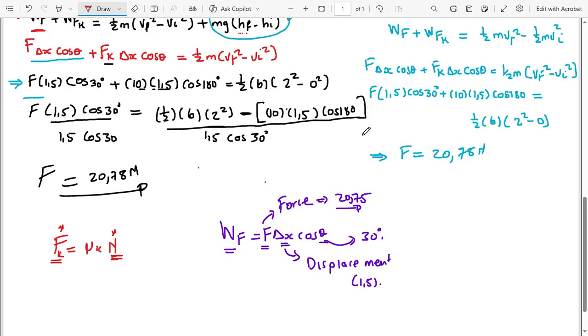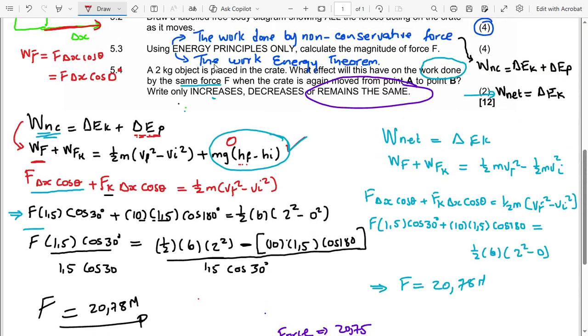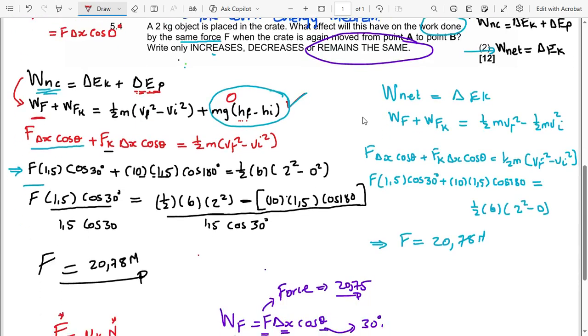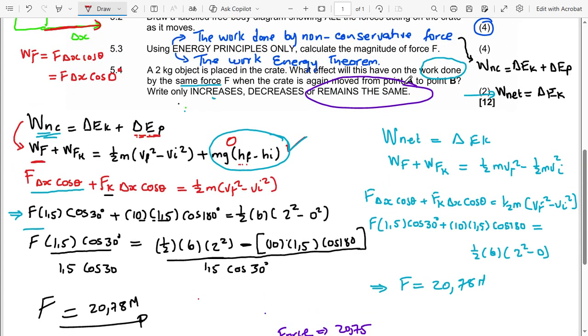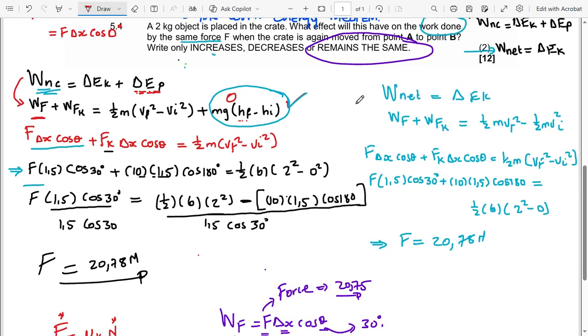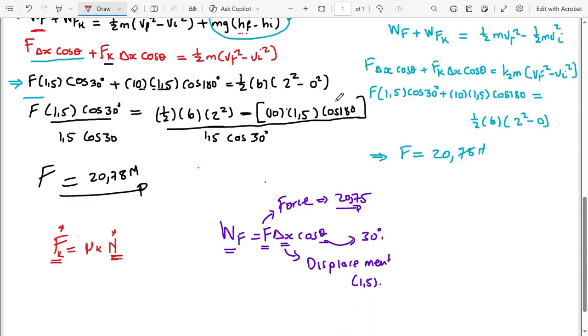So maybe in the upcoming exam, they might change the question and ask what will the work done by the frictional force on the crate from point A to B do: increase, decrease, or remain the same? You can see that the work will change if they talk about the work done by the frictional force. I hope you guys understand, and I hope you really enjoyed this one.